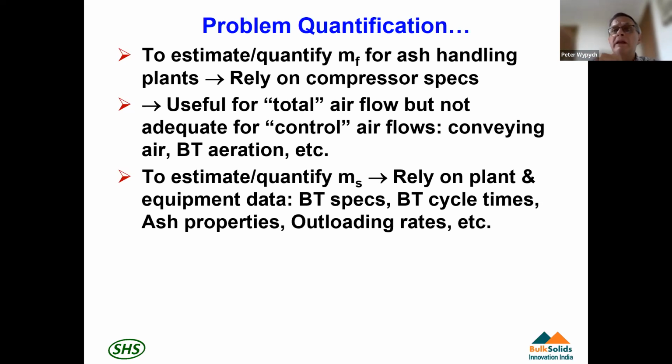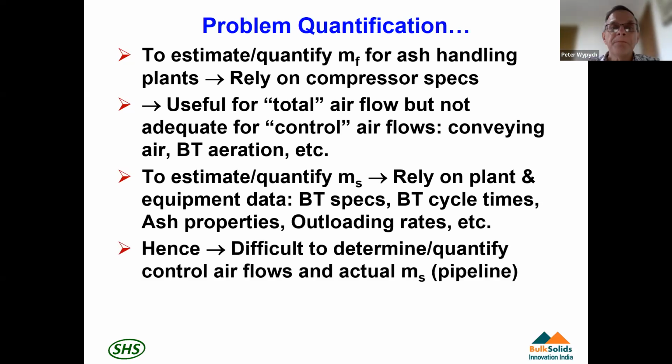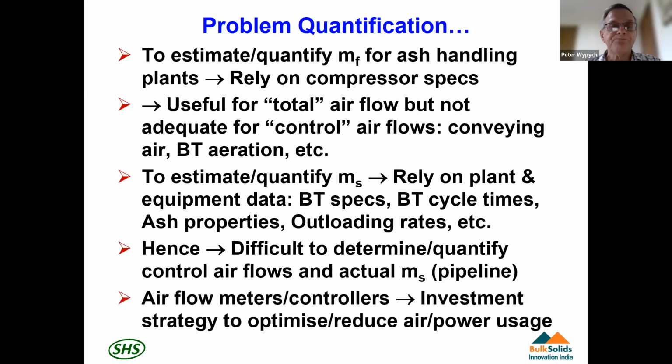Sometimes that is recorded in total terms, tons per day or something like that. So that gives us some indication of tonnage, but that's for the entire plant usually. And then we have to try and break that down into the pipeline. So that's where we have to rely on all this other information. As a result, it's difficult to determine the control airflows and actual tonnage through the pipeline. And these happen to be the two most important parameters for pneumatic conveying.